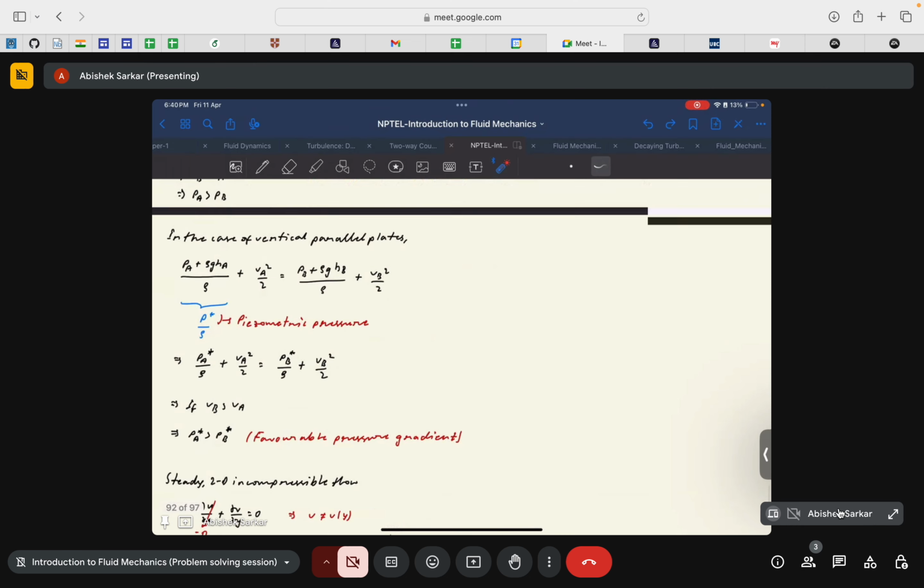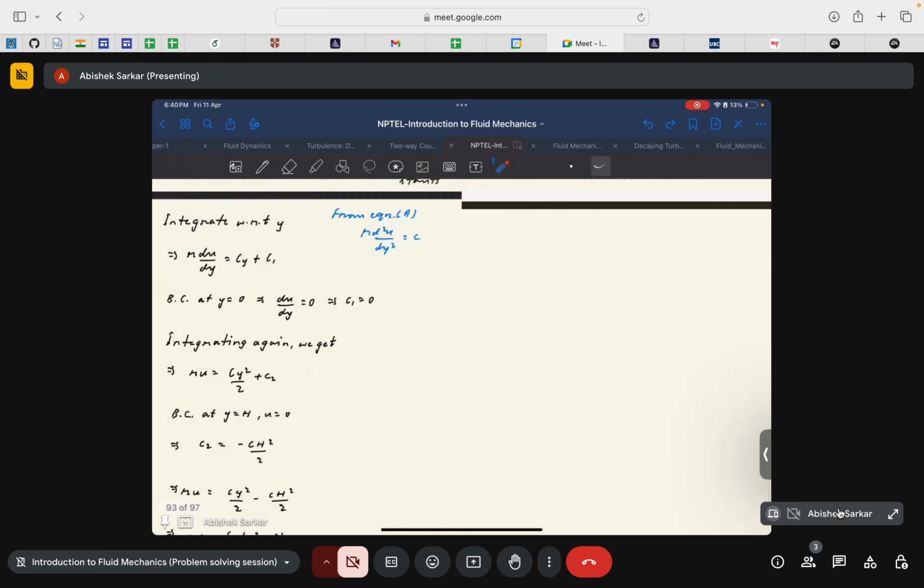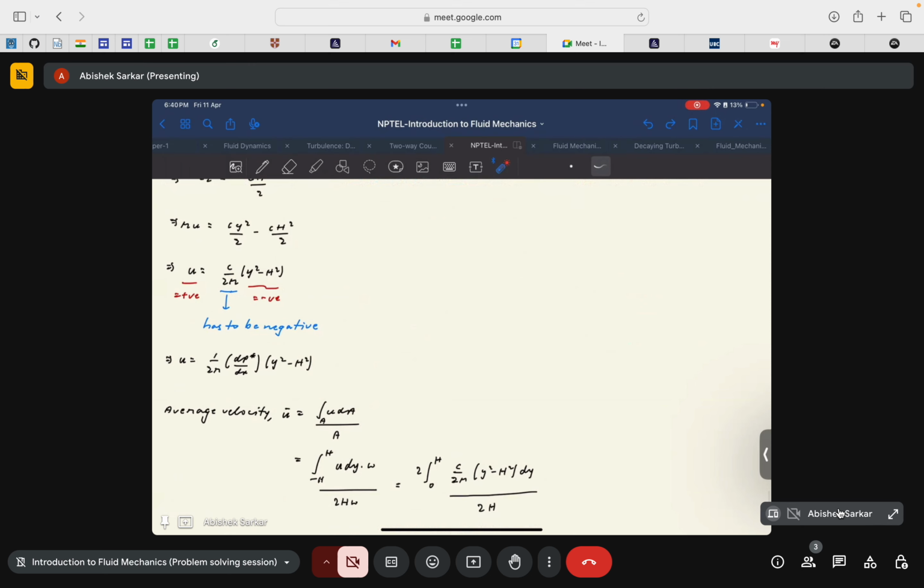That's why this term is always negative, and this term is positive, if you're considering the velocity where the fluid moves in the positive x direction. Then for u to be positive and this being negative, c by 2 mu has to be negative.